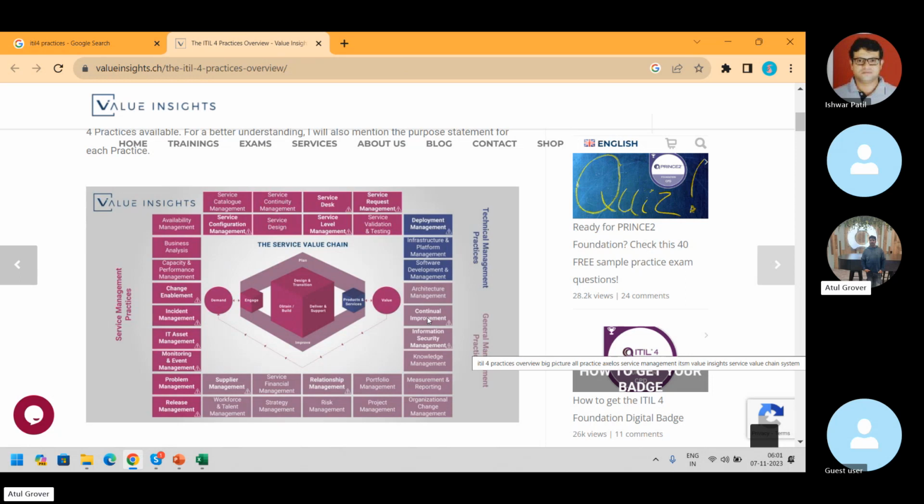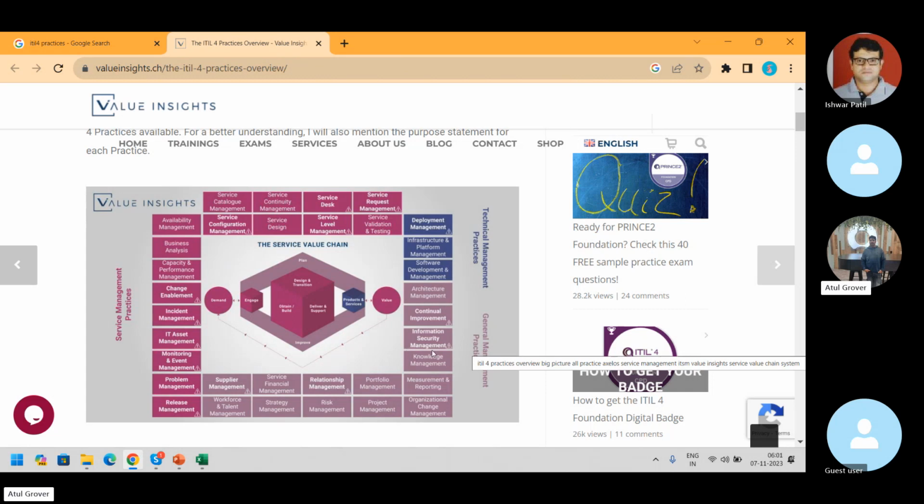Then you need supply management, financial management, portfolio management, measurement and reporting management, knowledge management, and security management. Take an example: you're planning to organize a lunch or dinner for your friends.